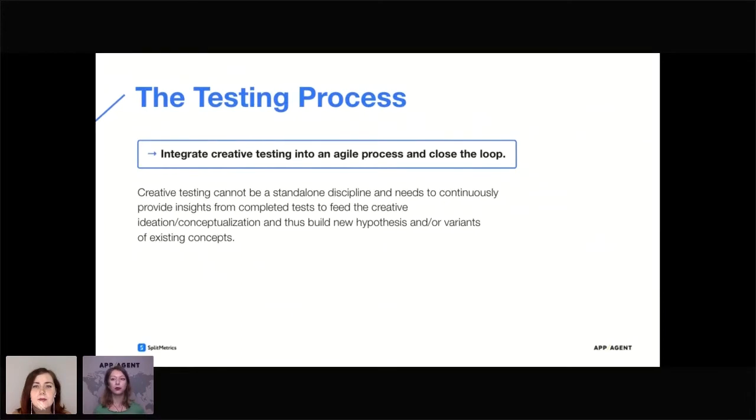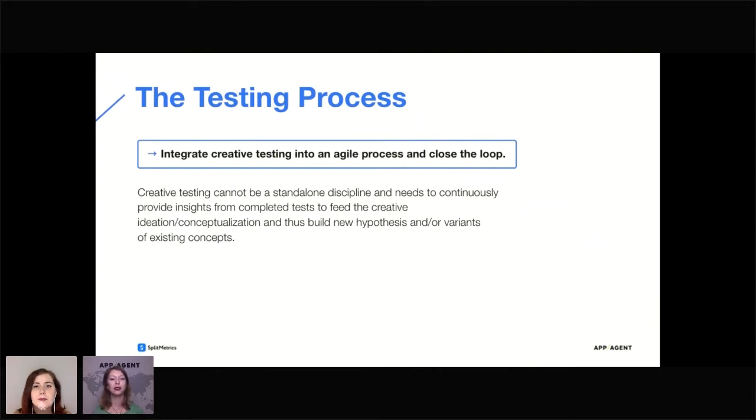And this is why it's really important that it is in constant evolution, because all your tests will have some results that will then feed your further assumptions and hypotheses. So it really is a never-ending loop that should always be running and feeding the performance machine. And I would really recommend, for example, running a weekly or at least bi-weekly cadence with your creative testing.